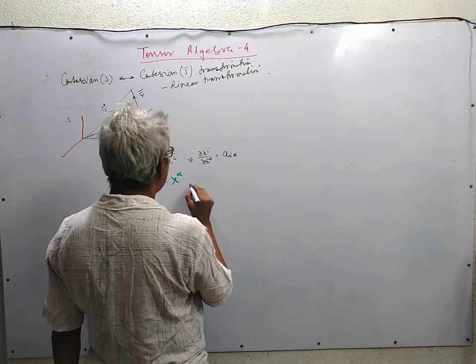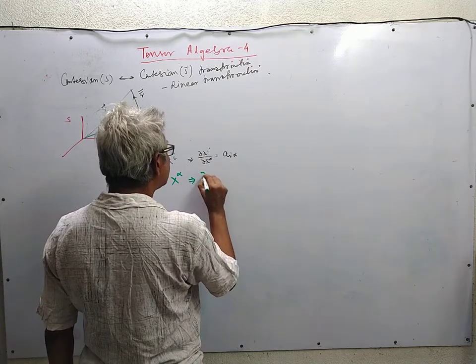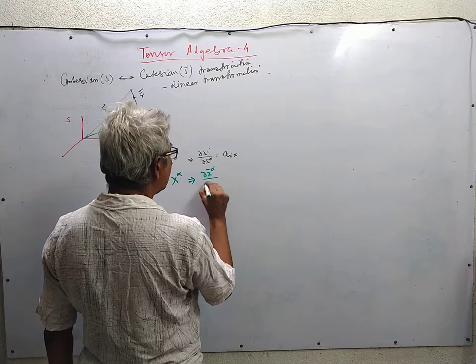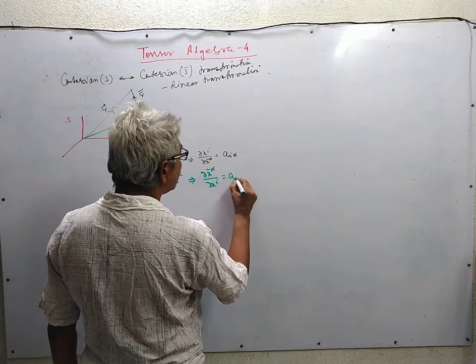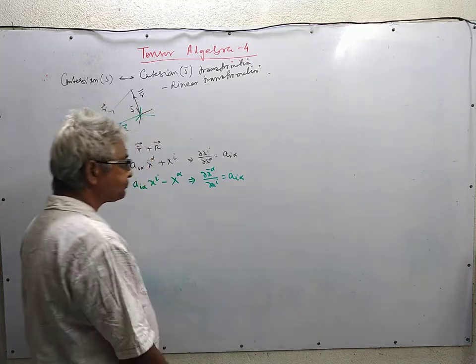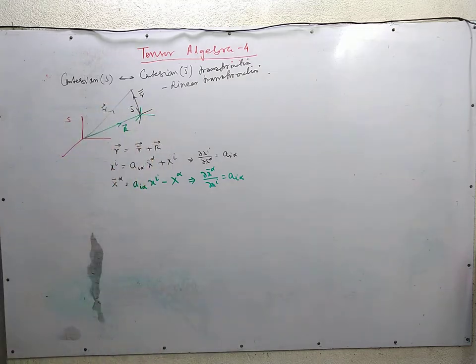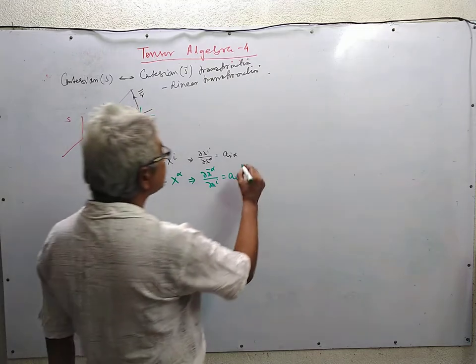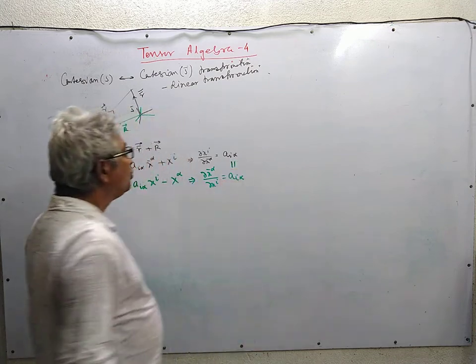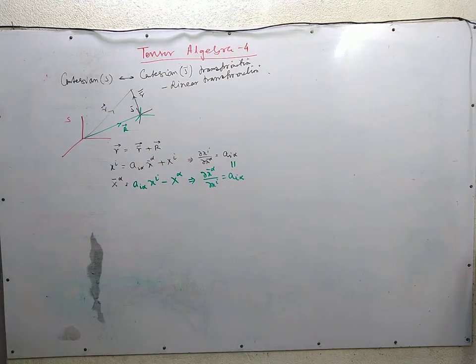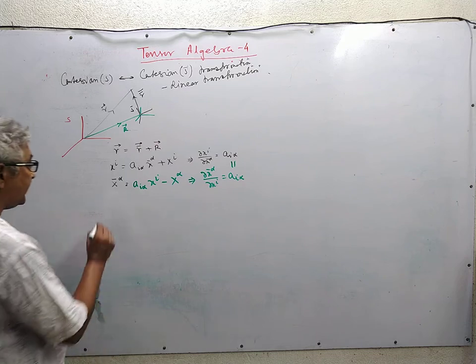This shows that del x bar alpha del x i is equal to a i alpha. So these two quantities are the same, which is the main difference between covariant and contravariant vectors.